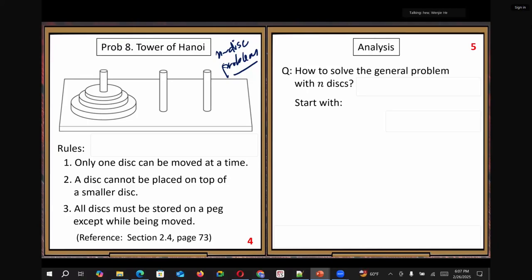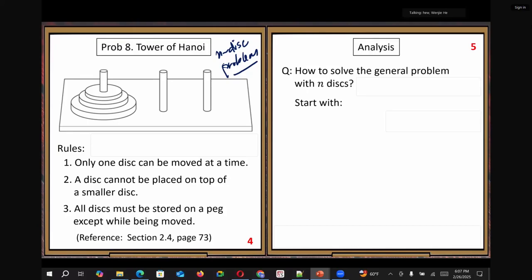Do we have similar experience before? Think about the strategy I talked about before: when we have a hard problem, we start from the small cases, the simplest cases.